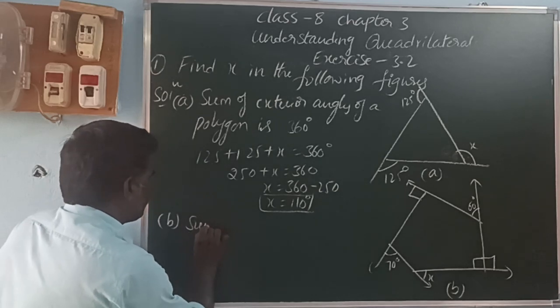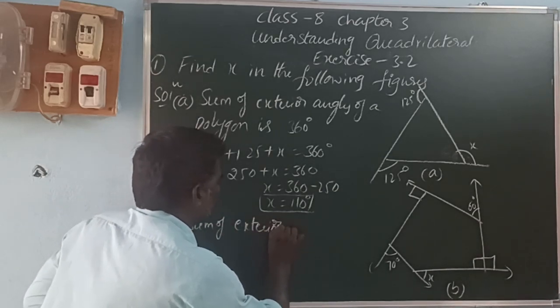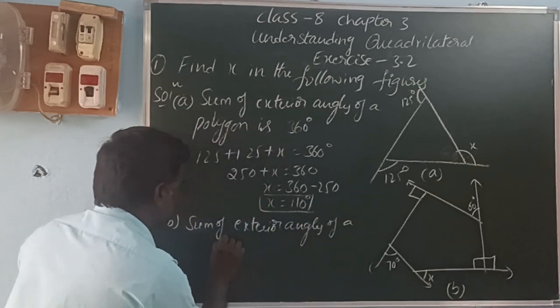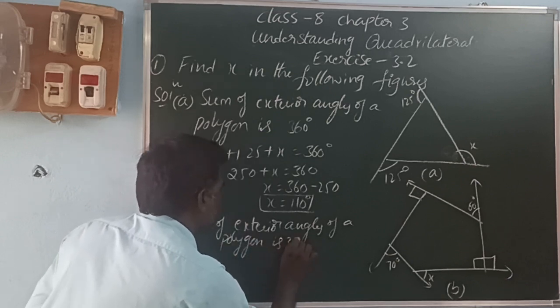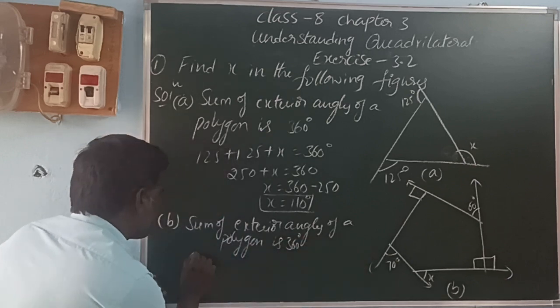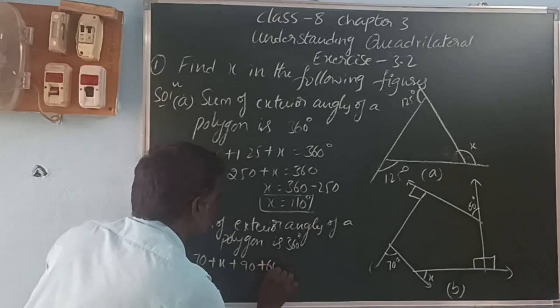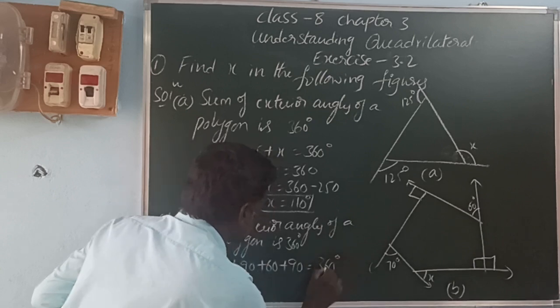So the sum of exterior angles of a polygon is 360 degrees. So here 70 plus x plus 90 plus 60 plus 90 is equal to how much? 360 degrees.